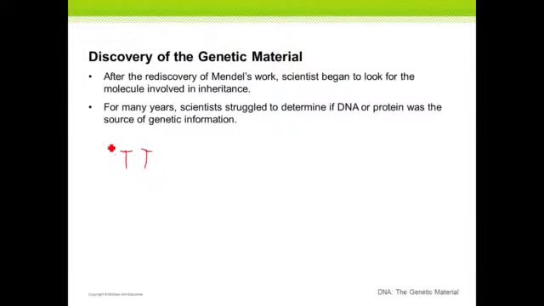I mean, what are they exactly? And when Mendel did this, we actually had no idea. We knew something was being transferred. We kind of thought that it had something to do with DNA or proteins, but we didn't actually know what was going on. We just knew that something was being transferred from parent to child that was involved in genetic information. And we weren't sure if it was DNA or proteins.